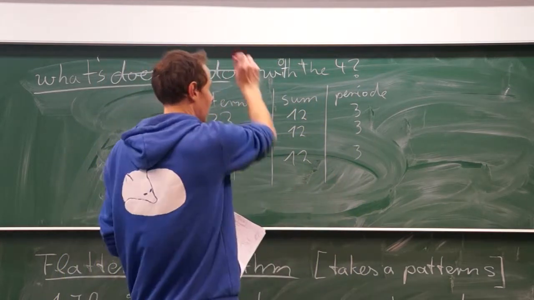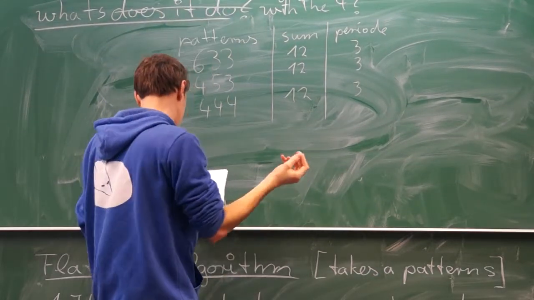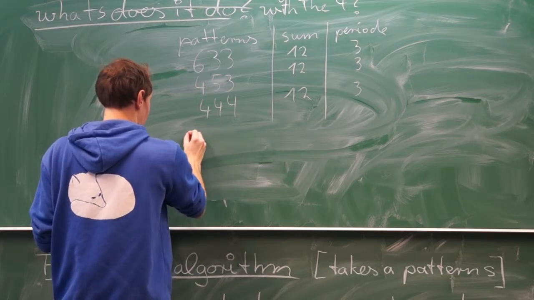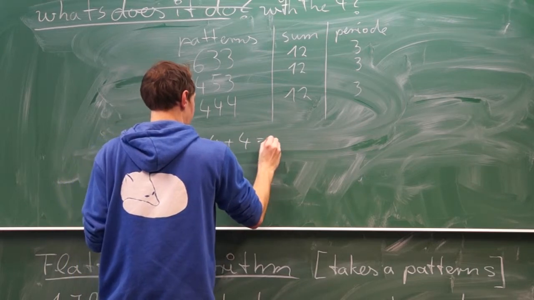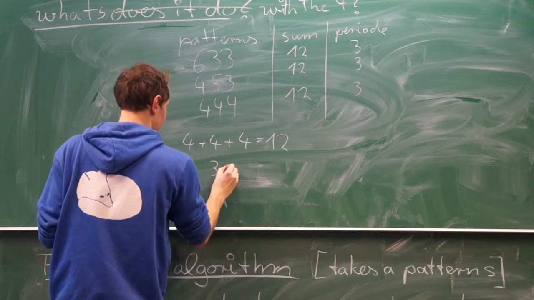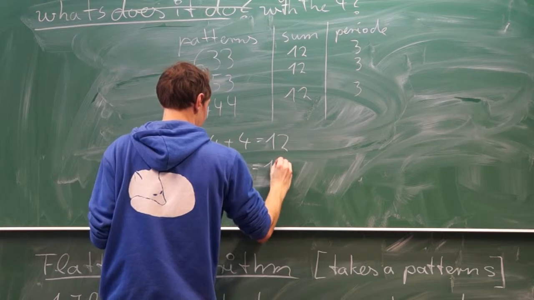And now we want to know what this 4 really is. So we can say here 4 plus 4 plus 4 is equal to 12, which is the same as we do this here, right?